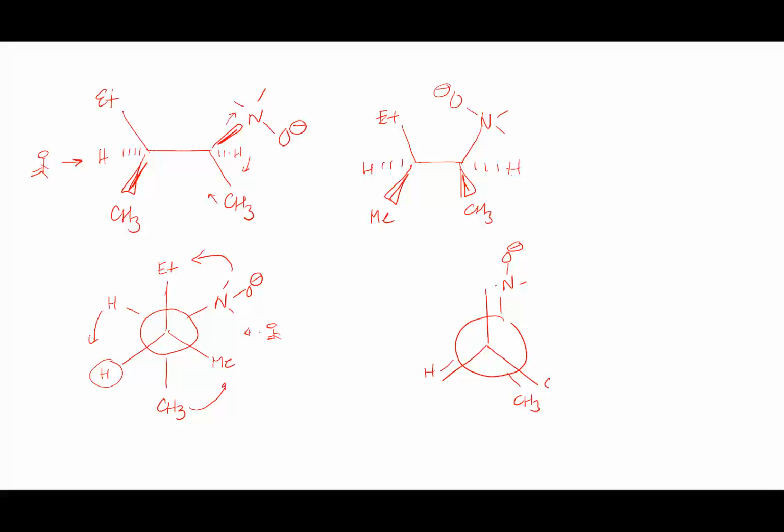And then the front carbon, I'm going to have to move the hydrogen up here, the ethyl group down here, and the methyl group there, in order to put that hydrogen there.